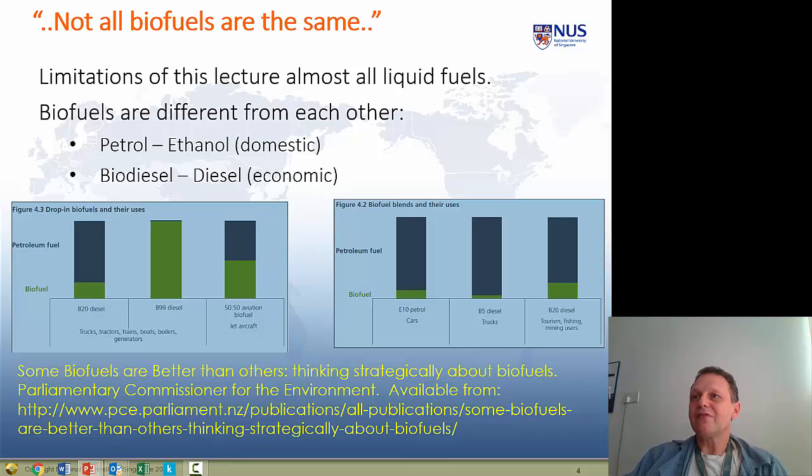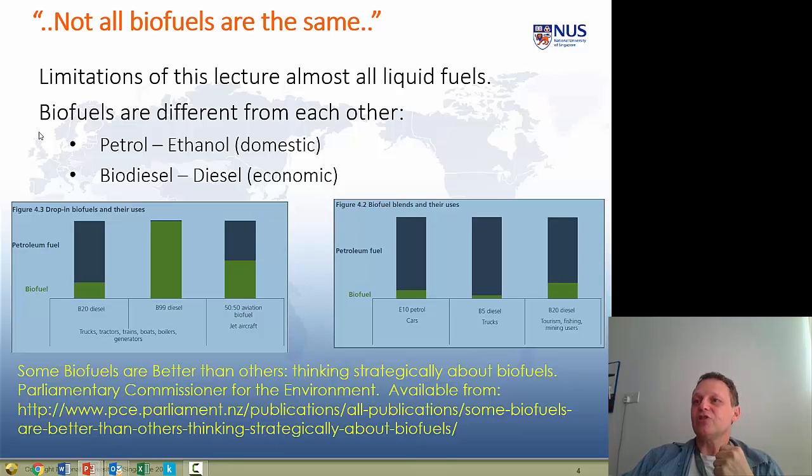So, all biofuels are not the same as each other or their fossil counterparts. There are two main messages from this slide. The first is that the sort of biofuel you really want, ideally, is called a drop-in biofuel.